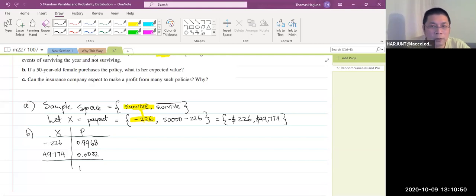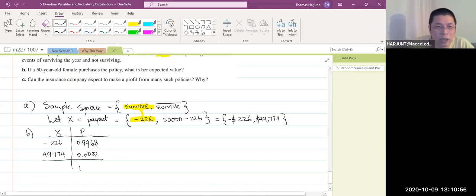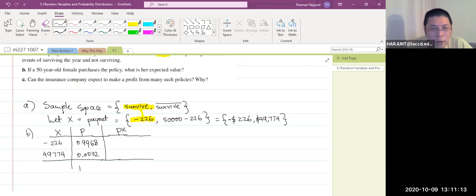Does it make sense so far? Now the question is, what is the expected value? Now, do you expect this to be positive or negative? Don't forget, for every positive expected value for this 50-year-old female, it will be negative expected value for the insurance company.